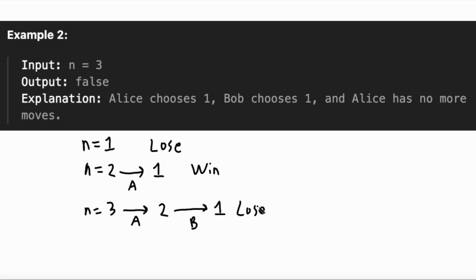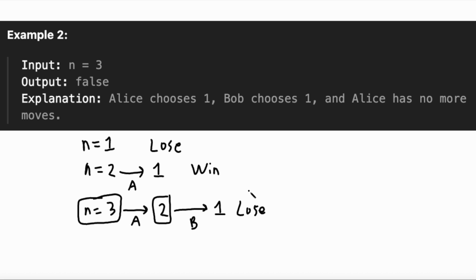Now, what is something that you can see from this pattern? Remember, DP relates previous solutions with the current solution. Well, you see that when n is equal to 3, it depends on the outcome of when n is equal to 2. We know that if Alice is given the 2, then she will win. But the vice versa means that if Bob is given the 2, Alice will lose.